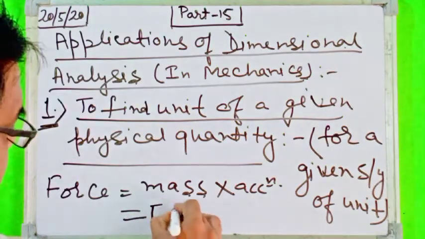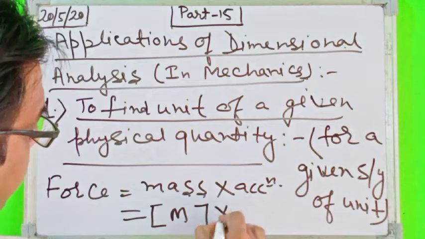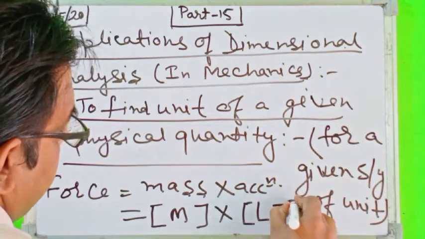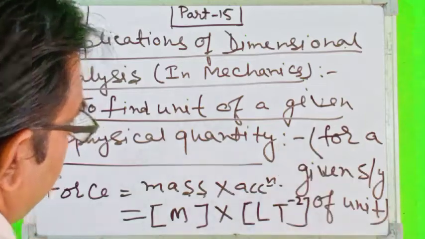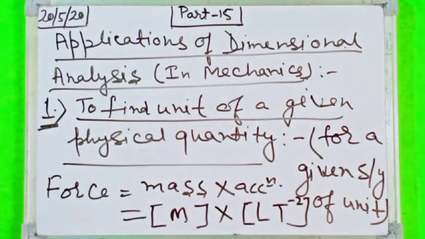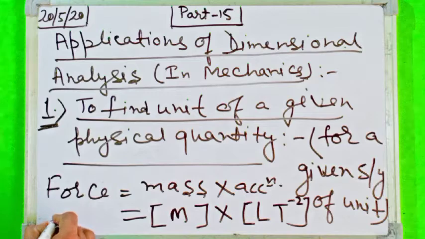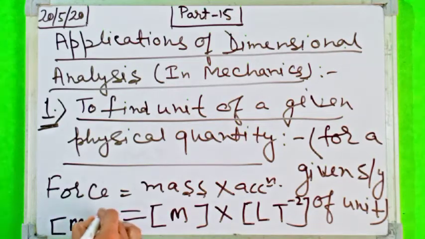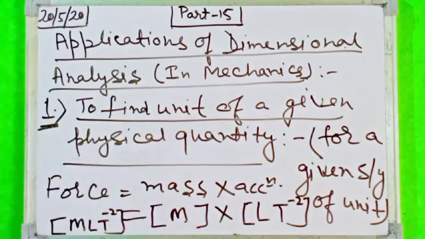Mass can be replaced by M and acceleration can be replaced by LT^-2. So the dimensional formula for force is MLT^-2.